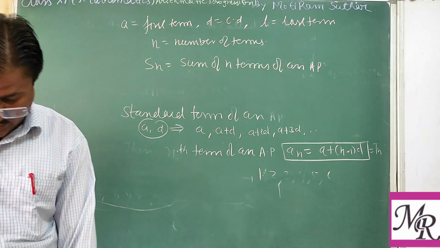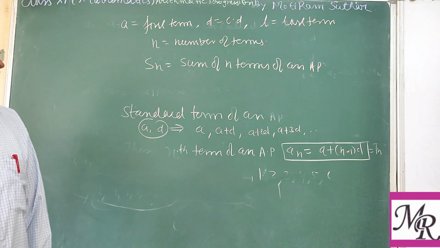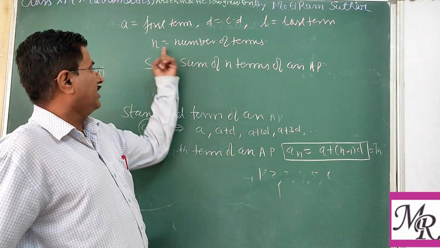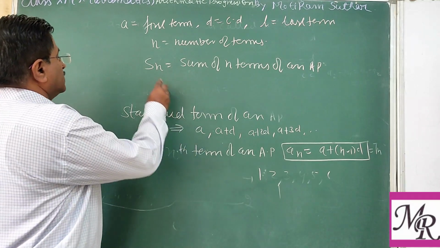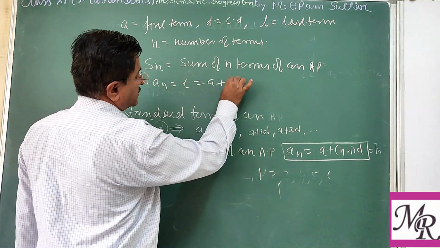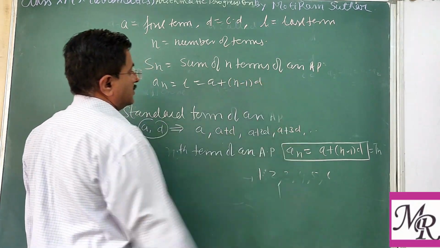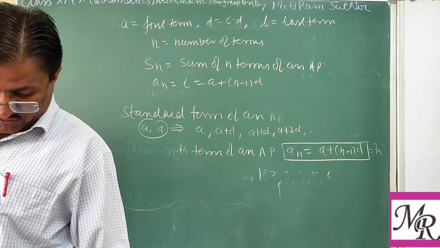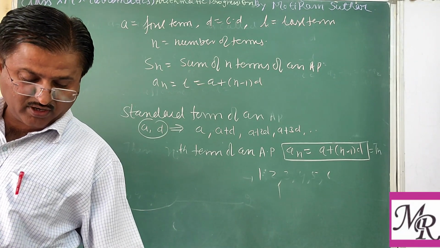So we know that an is also sometimes called the last term. Suppose there are n terms, then an is the last term, and the formula for the last term is a plus n minus 1 into d, if we know the first term and common difference.